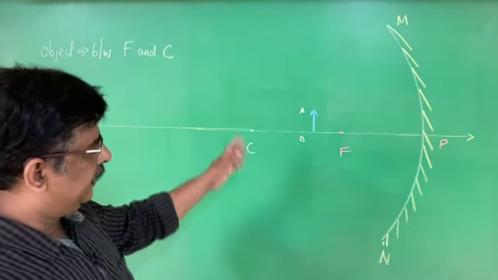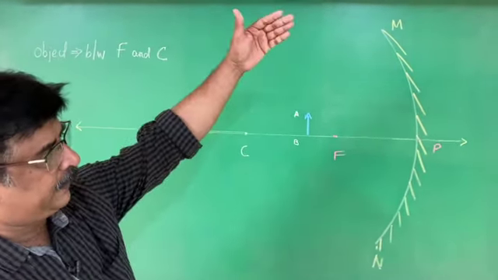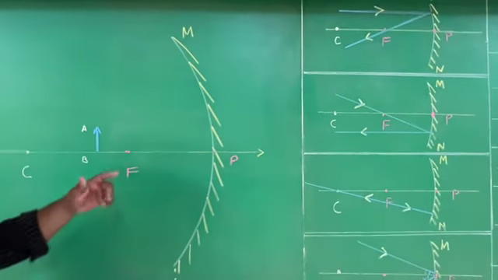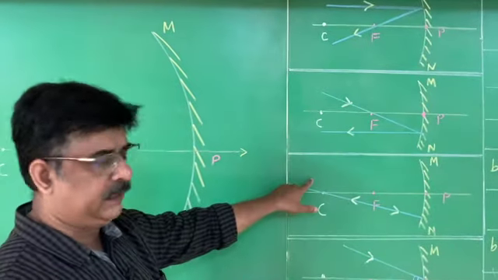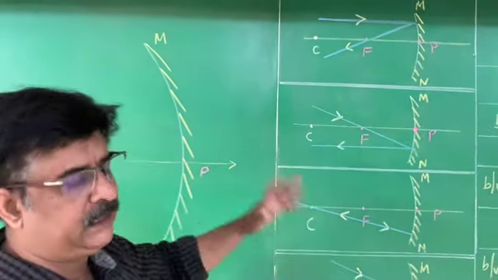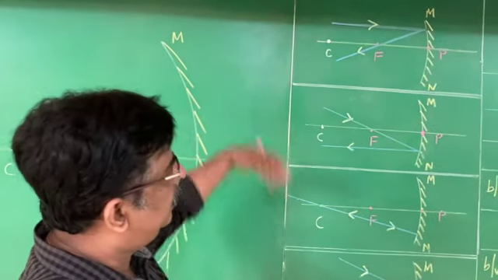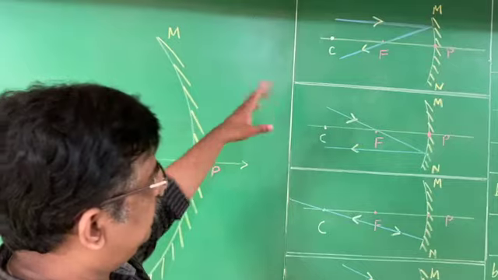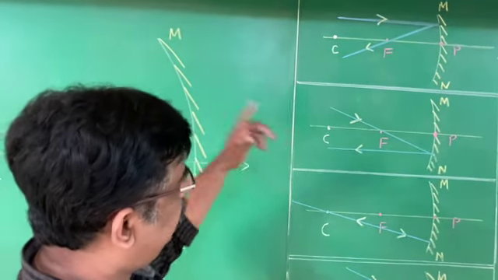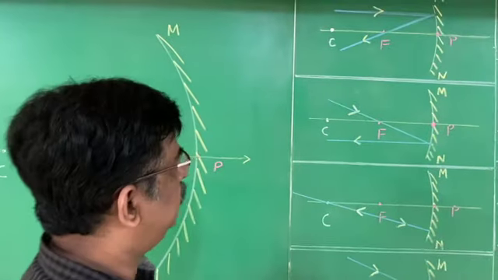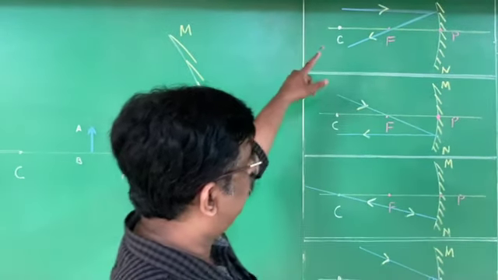To draw the ray diagram, I have to select any two out of the four conditions. In the textbook, they have used the first condition and the third condition. It is not that we have to use the conditions given in the textbook; if you are very intelligent, you can draw the ray diagram using other conditions also. But I am emphasizing the textbook because we are going to write the public examination, so it is better to follow the textbook.